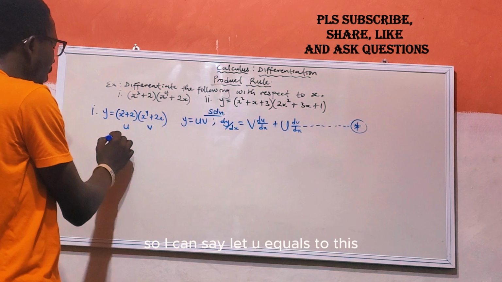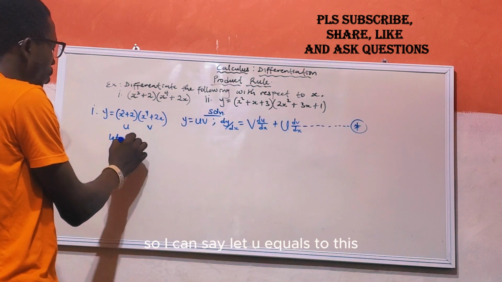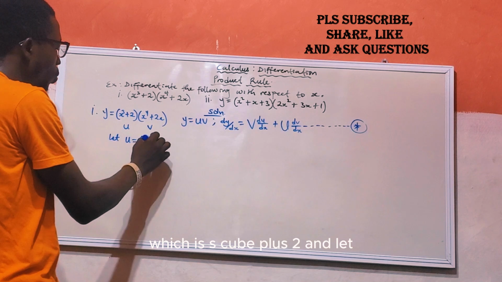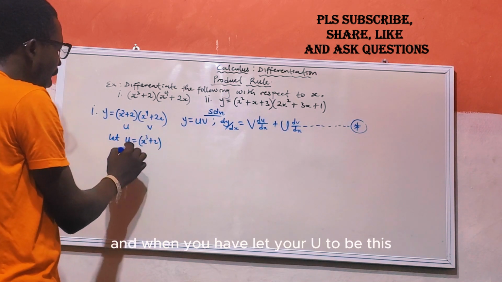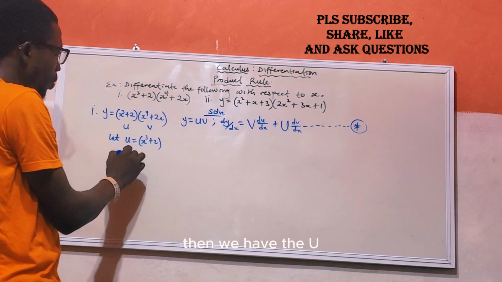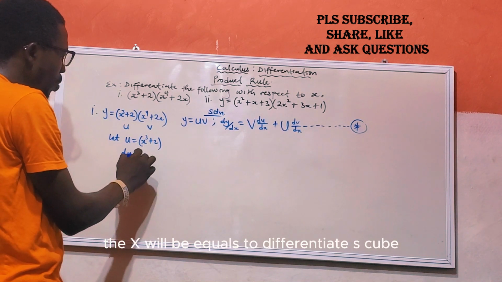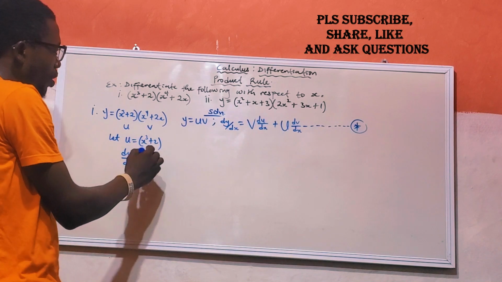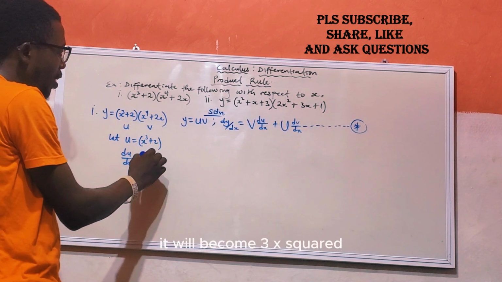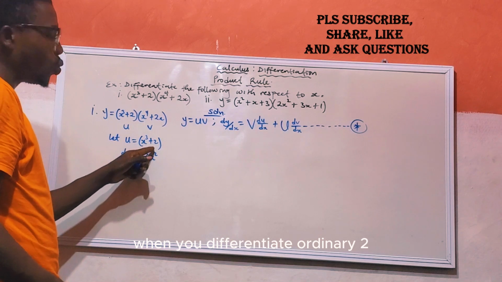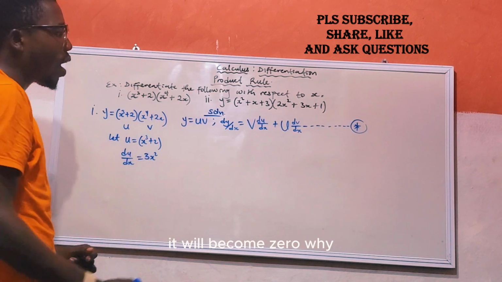So I can say let u equal x cubed plus 2. Then du/dx will be: differentiate x cubed, it becomes 3x squared. When you differentiate an ordinary number 2, it becomes 0. Why?